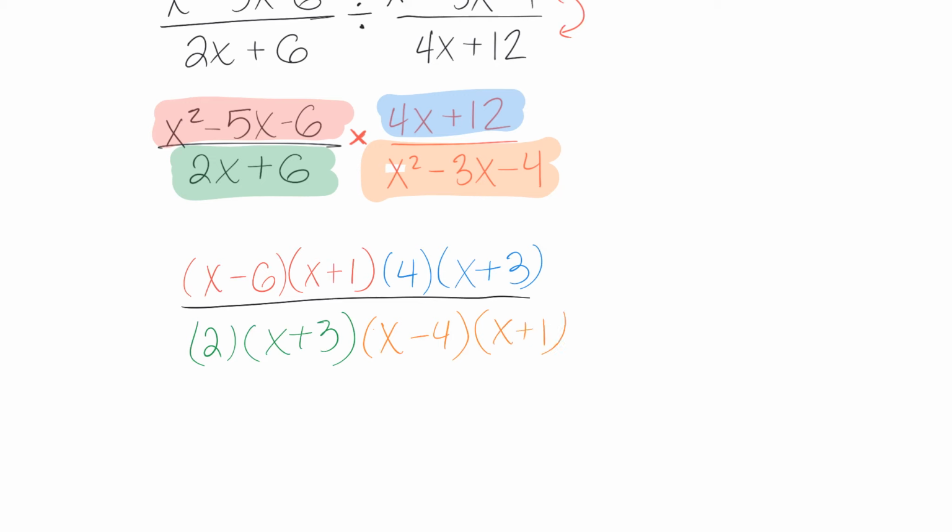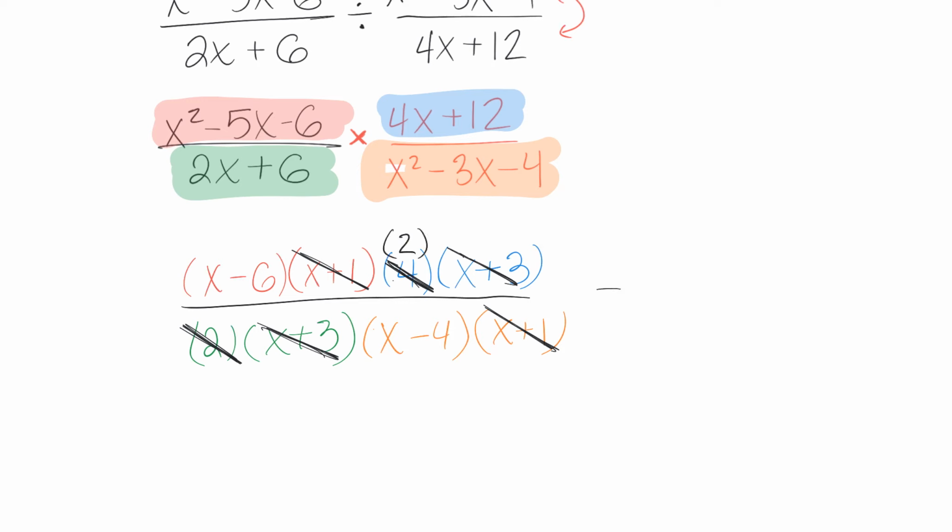All right, now that everything's factored, I'm going to go back through and see what cancels out. X minus 6, no. X plus 1, yep, get rid of that. X plus 3, yep. Now I've got this 4, then the 2. Well, that'll simplify, get rid of the 2, and 4 divided by 2 is 2.